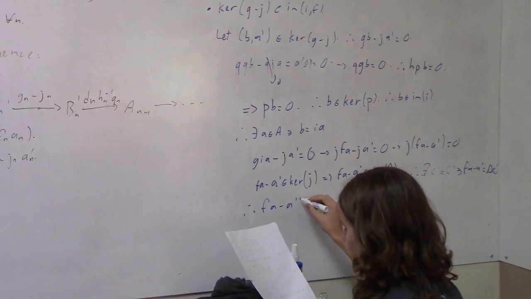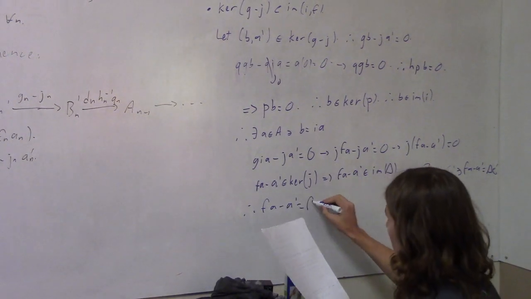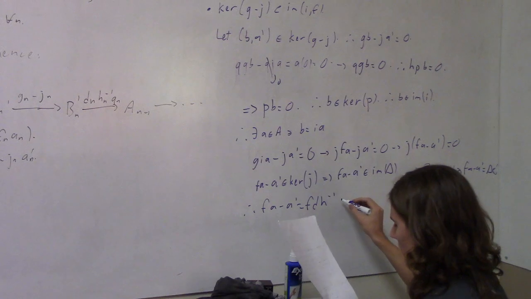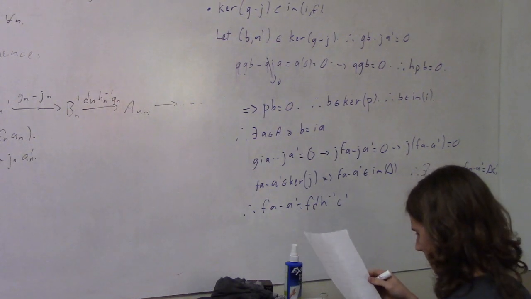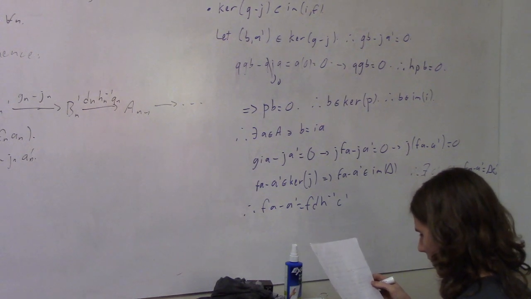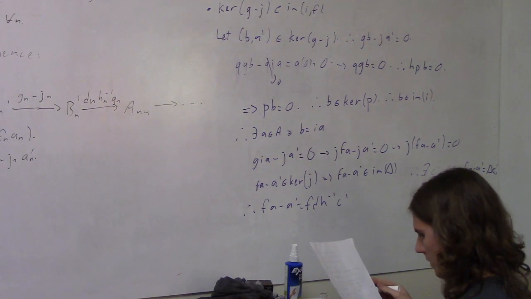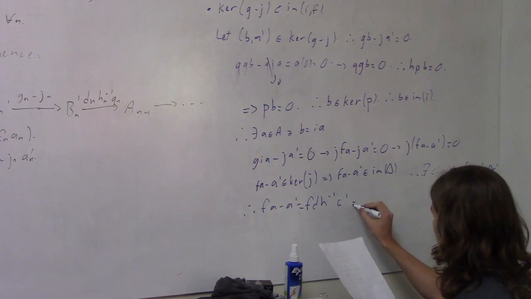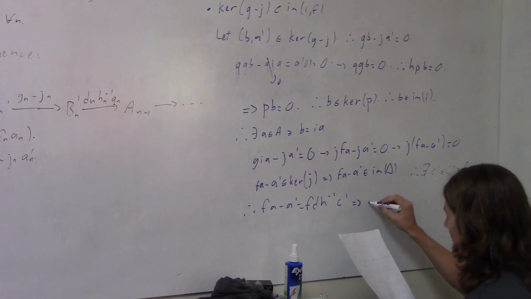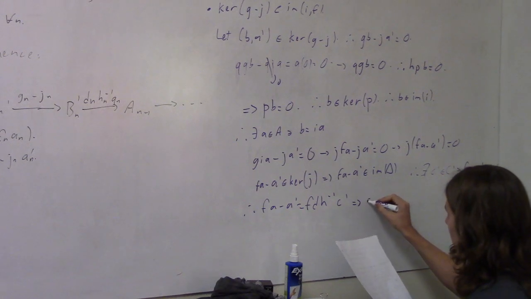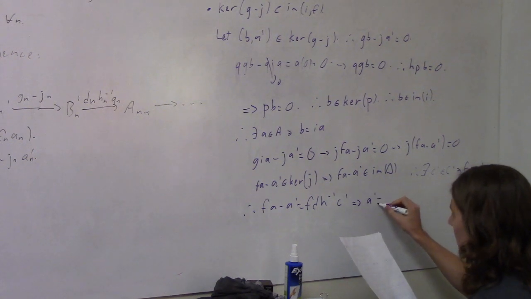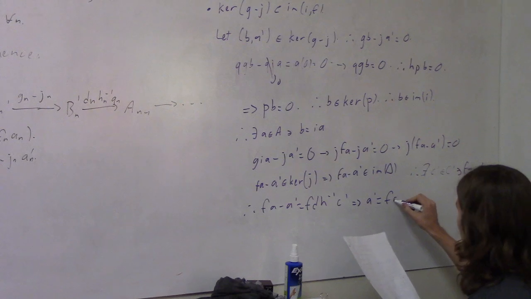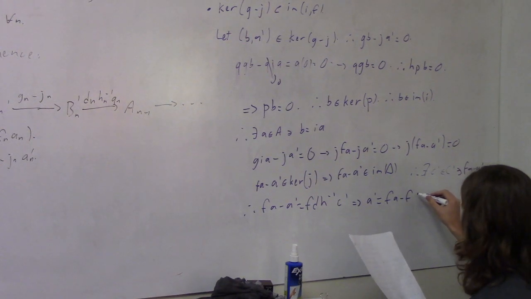FA minus A prime is equal to FDH inverse C prime. Okay. Move things around, that means that A prime is equal to FA minus FDH inverse C prime.